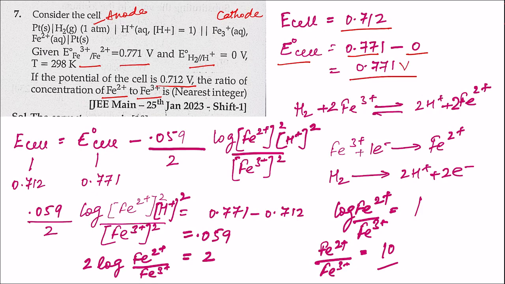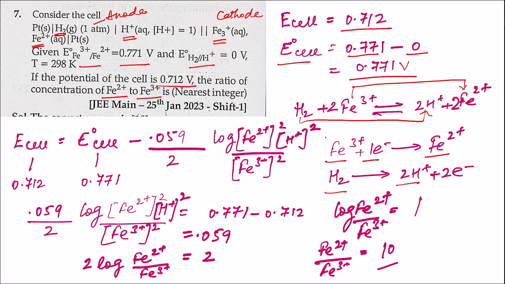Now the cell reaction will be, as you can see, here hydrogen is changing into H plus ion. So hydrogen undergoes oxidation and Fe3 plus is changing to Fe2 plus ion. So at the cathode, Fe3 plus ion is undergoing reduction. If you see the individual reaction, Fe3 plus will accept one electron and form Fe2 plus, and hydrogen gas will lose two electrons and form two H plus ions.